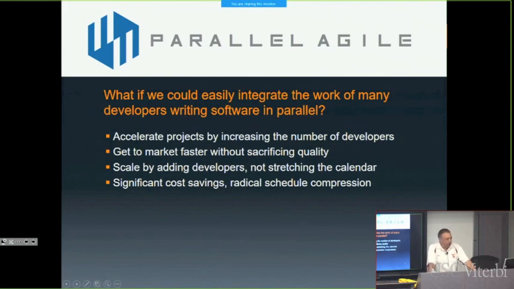That means we can get products to market faster without sacrificing quality, and we can scale our projects not by stretching the calendar and adding more 2-week sprints, but by increasing the number of developers. What we've been seeing in our experiments thus far, about 4 years in, is pretty significant cost savings and very radical schedule compression.